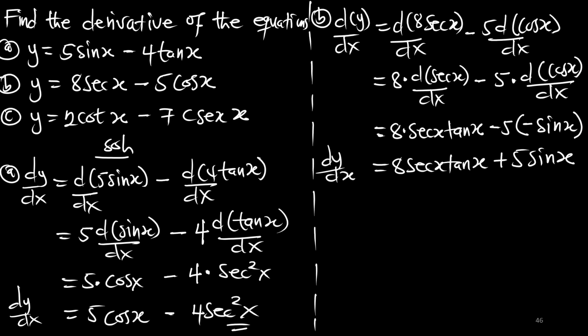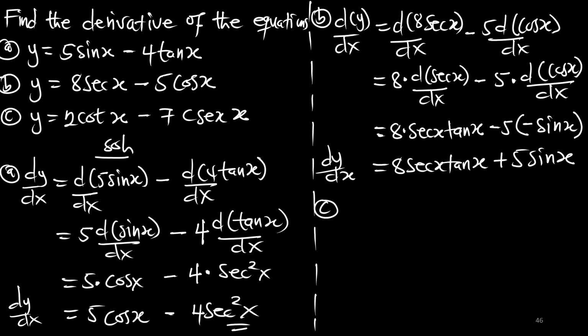Now let's look at the C. The C is also saying y is equal to 2 cot x minus 7 cosec x. Are we okay? And this is what we are going to arrive at.